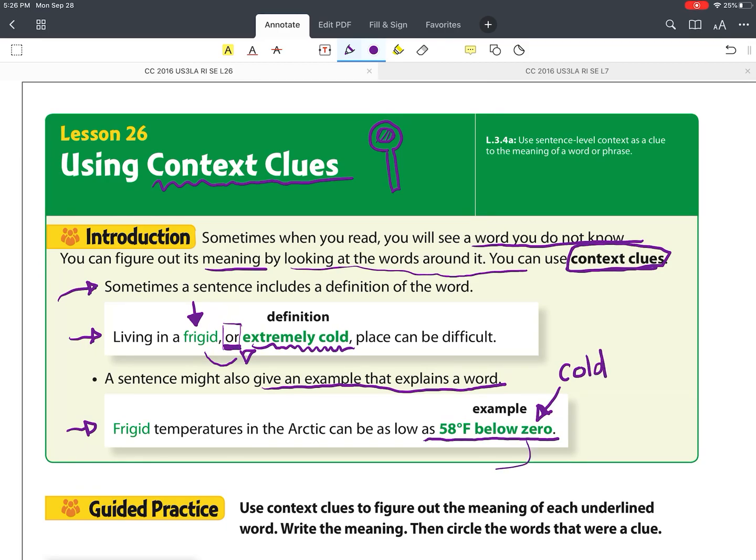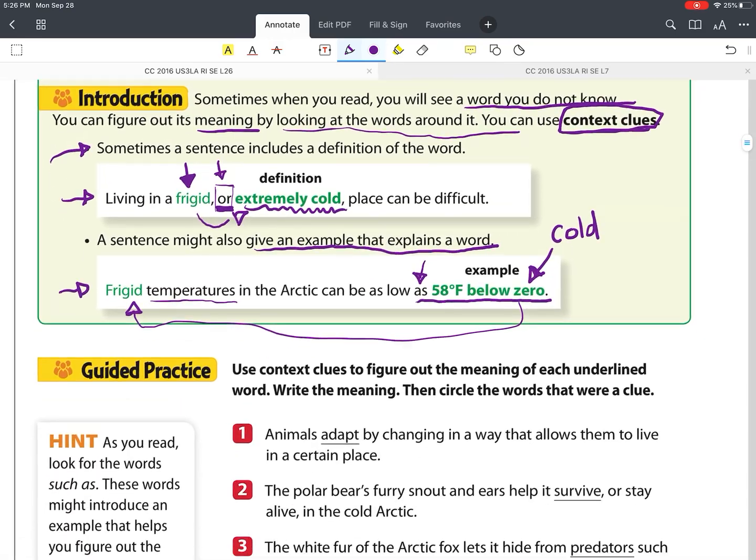So if I didn't know what the word frigid meant, I could say, well, it's probably talking about being really cold because it's saying frigid temperatures. Cold temperatures in the Arctic can be as low as 58 degrees below zero. So sometimes you'll see or, and they'll give you a definition, and sometimes they'll give you an example. So you have to be careful here.